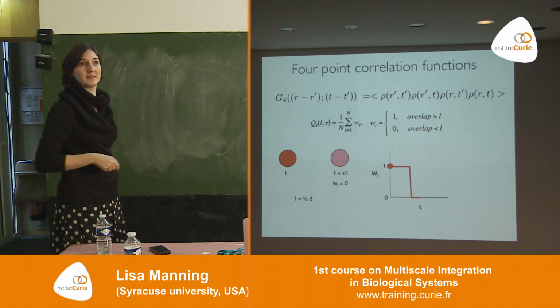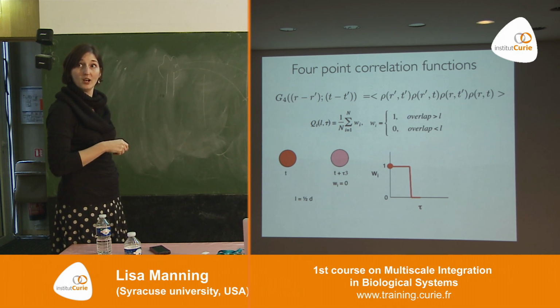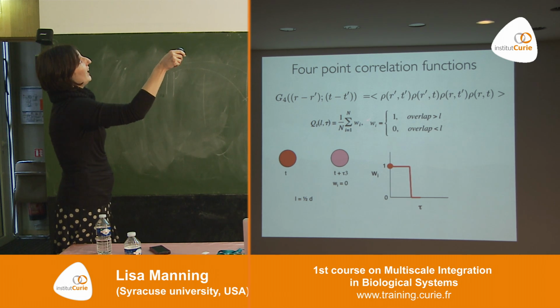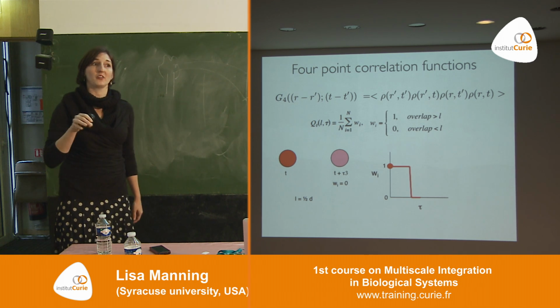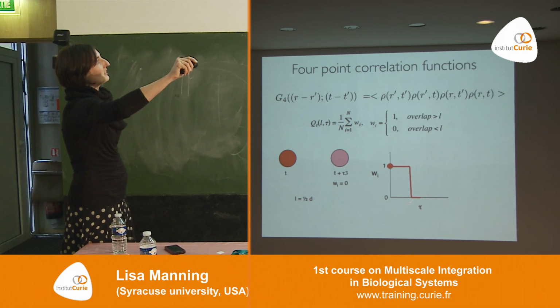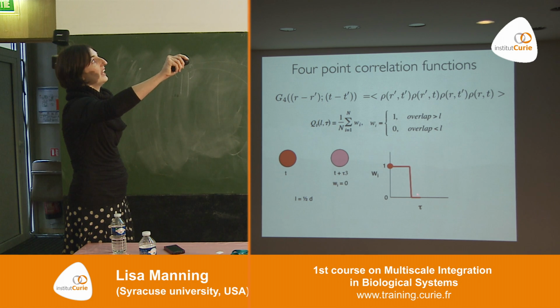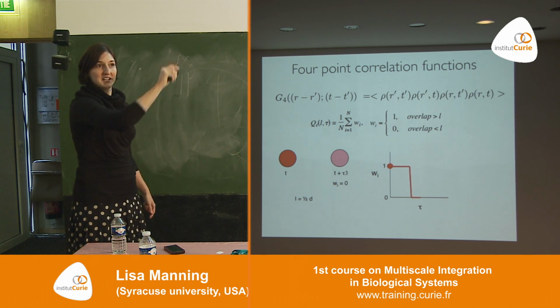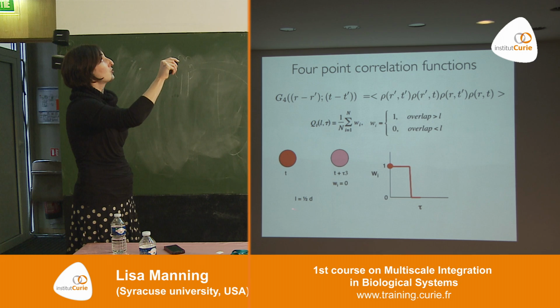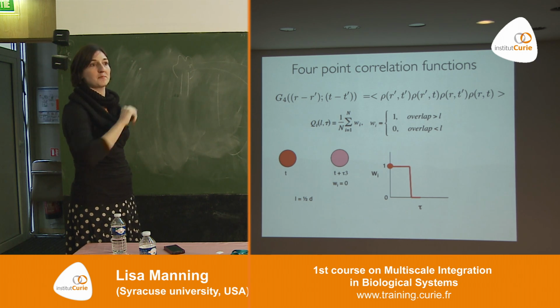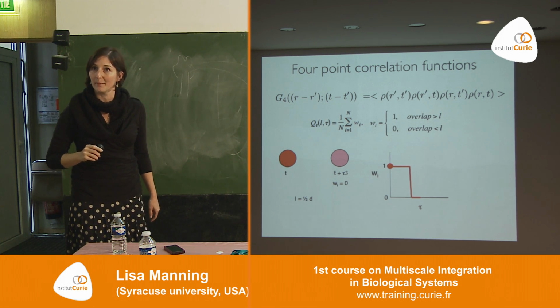So this function does something like that as a function of tau. And then I average that function over all of the particles in my system. And so you can see that when a particle breaks a cage is roughly when this thing is going to go to 0, if you choose this distance to be some significant fraction of a particle diameter.